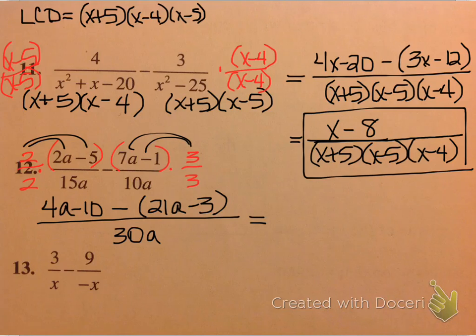Now let's simplify. 4a minus 21a is going to be a negative 17a, and minus 10 minus minus 3 is really minus 10 plus 3, so it's going to be minus 7, all over 30a.